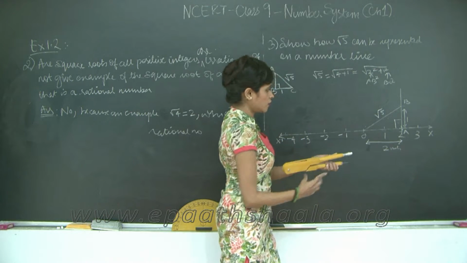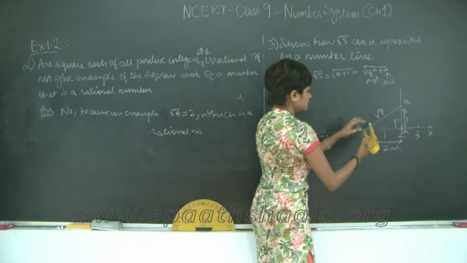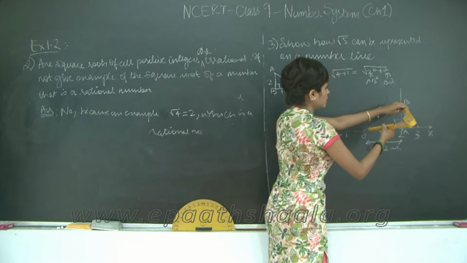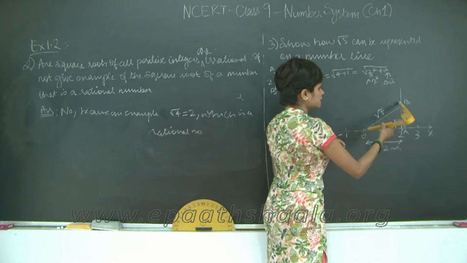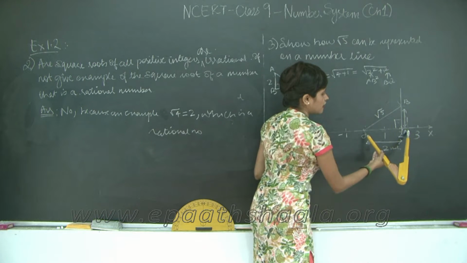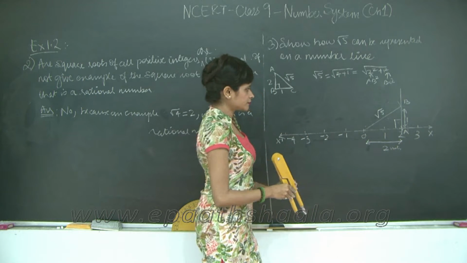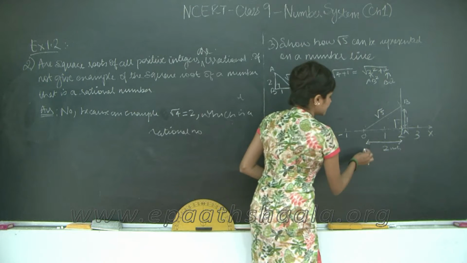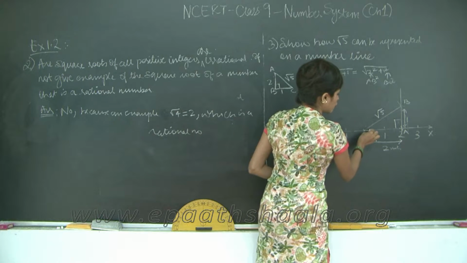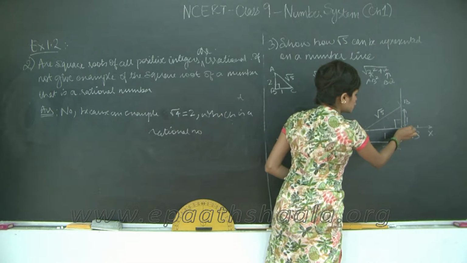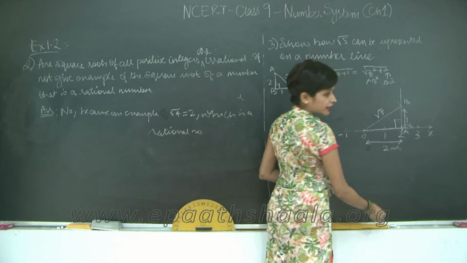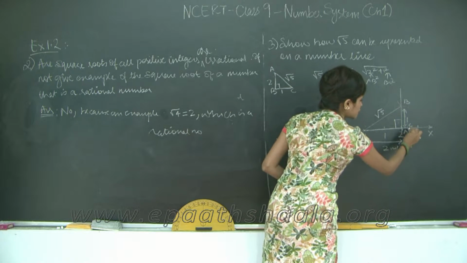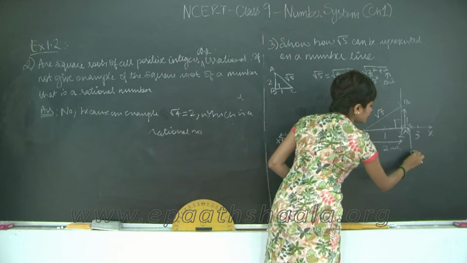Now with O as my center and OB as my radius, I am going to cut an arc here, right? So this length from O to C, this point here, is root 5.